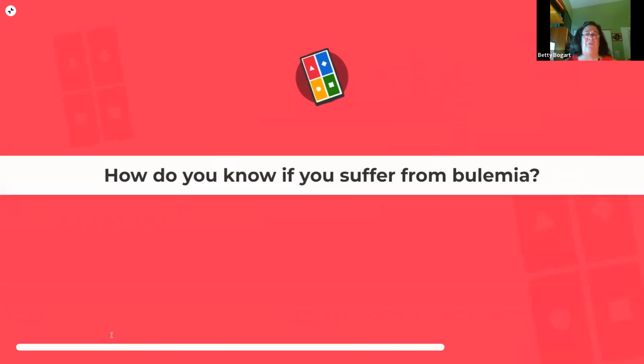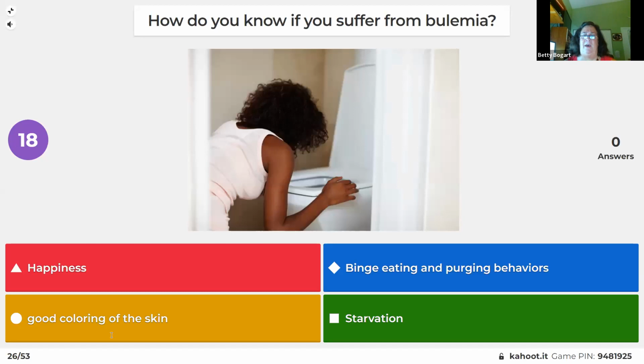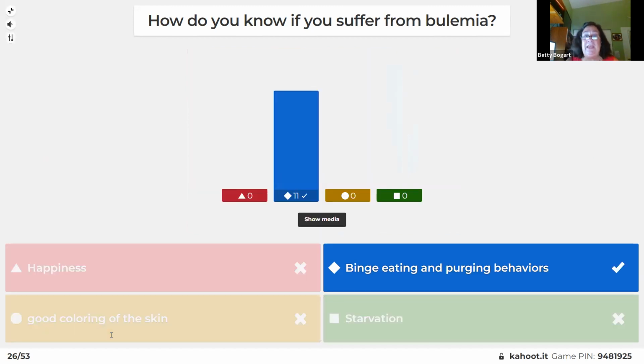How do you know if you suffer from bulimia? So two types of eating disorders that you see are anorexia nervosa and bulimia. Now, bulimia is when you eat unbelievable quantities of food, but as soon as you eat it, you throw it up. Now, you will see a difference if you don't know.